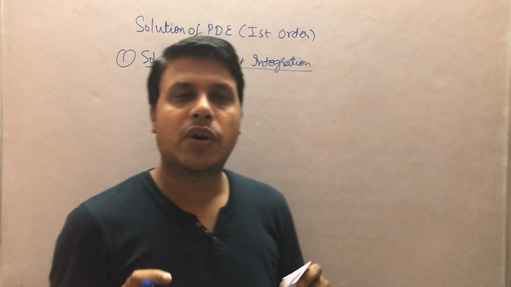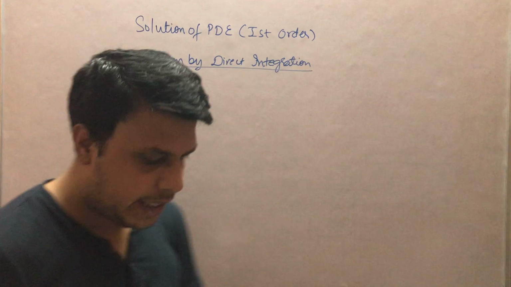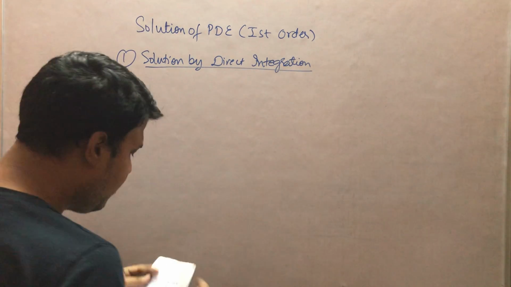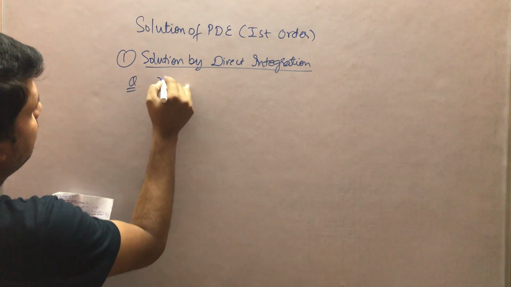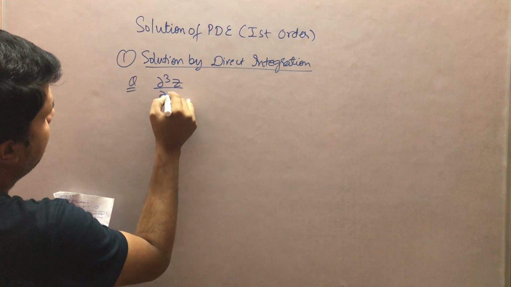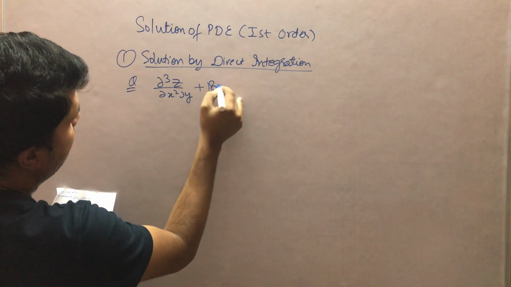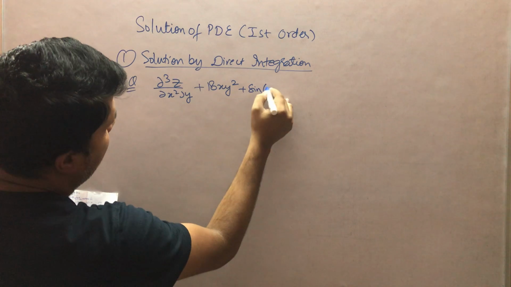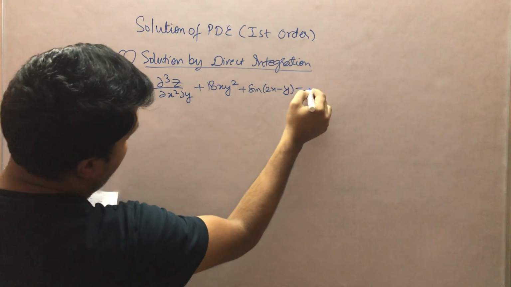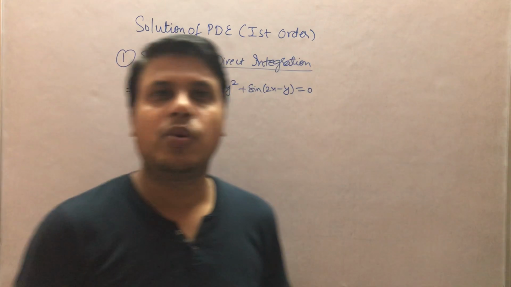I have a question for you which we are going to solve. The question goes like this. So this is the question which is given and we have to get the solution.